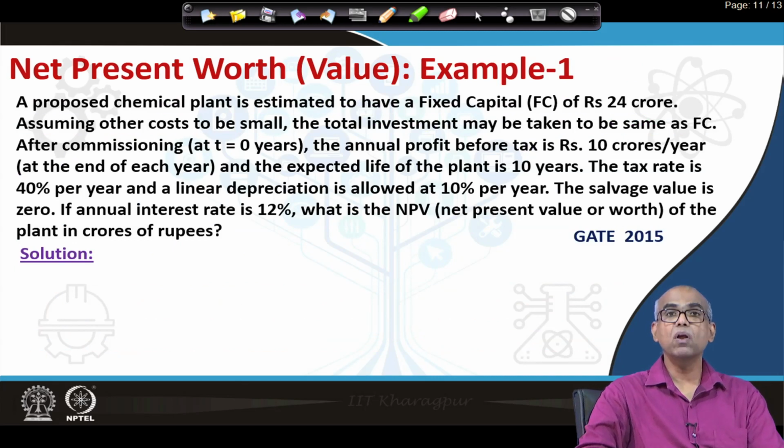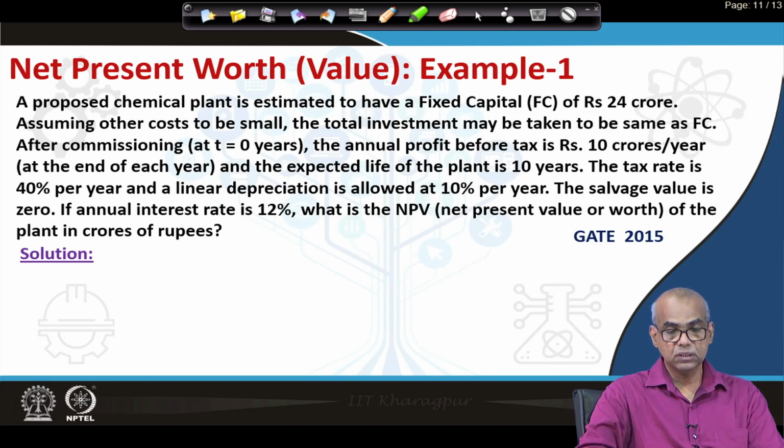Now, let us take an example on net present value. A proposed chemical plant is estimated to have a fixed capital of rupees 24 crore. Assuming other costs to be small, the total investment may be taken to be the same as fixed capital.